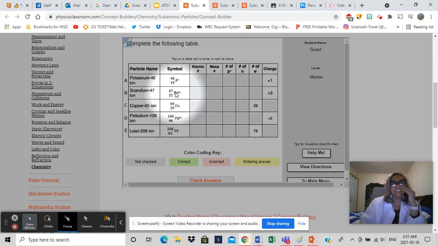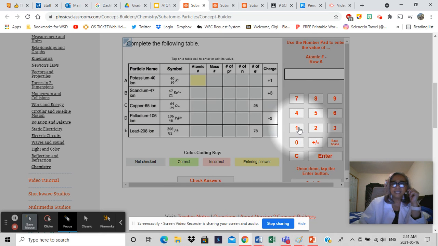So here, for instance, let's deal with this. I hope you can still remember this. Atomic number would be the number below, right? So that would be 19, and the mass number would be the number on top. That would be a 40.